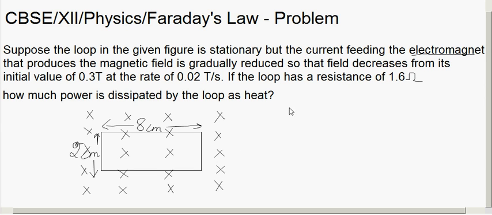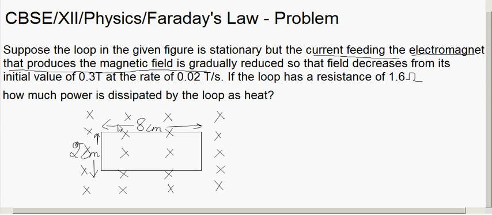Now what we are doing is varying the magnetic field, but how? By reducing the current feeding the electromagnet. The field is reducing with respect to time.